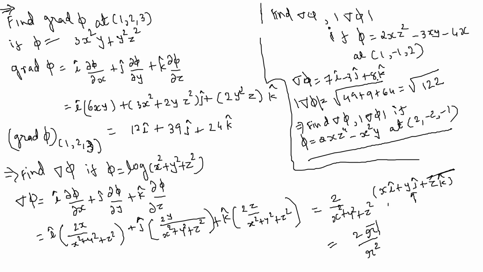This is del phi by del z. So z to the power 4 derivative will be 4z cubed, but 2 4s are 8. Did you get that? Now x is 1 and z is 2. So it's 8k.